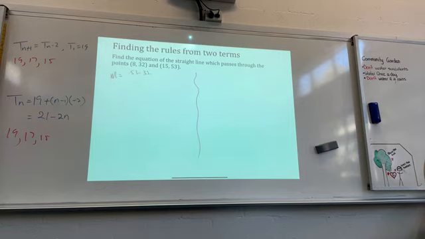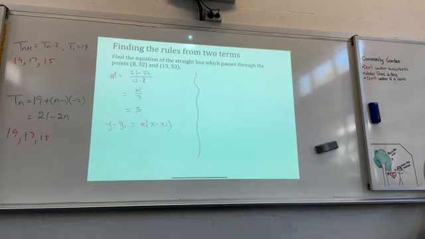All right, and 15 subtract 8. All right. So therefore, we know m is 3. Right? We can use y minus y1 equals m, x minus x1 to work out the equation.